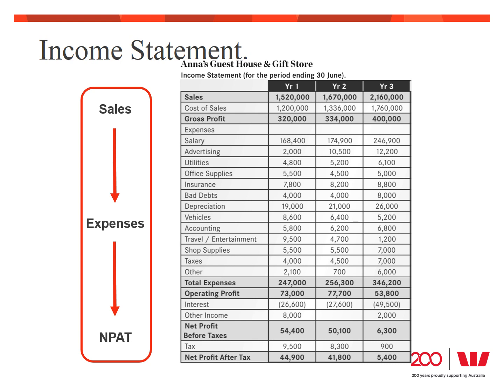The income statement on the screen also shows us that Anna's Guest House and Gift Store has grown its sales rapidly over the past few years, but that her profits are not. So we're going to delve a little deeper today and use some financial ratios to measure more effectively Anna's financial performance, to help identify what might be causing Anna's declining profitability.